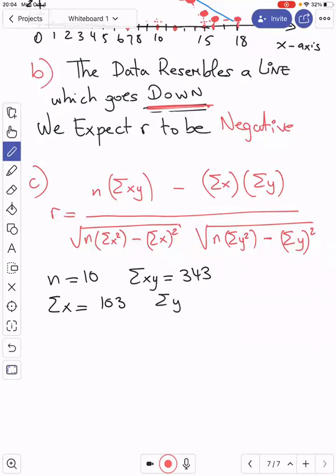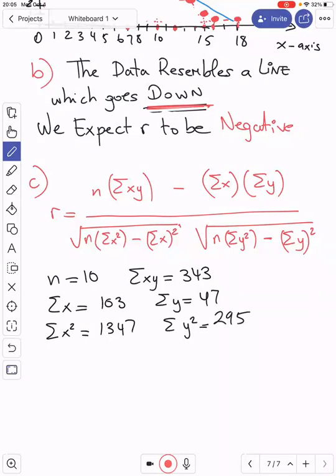The sum of the Y's is 47. The sum of the X squared is 1347. And the sum of the Y squared is 295.